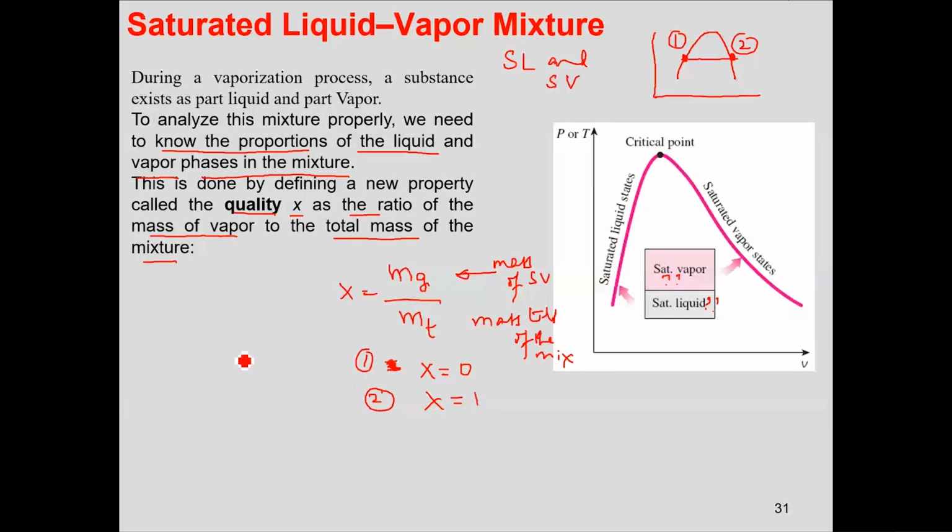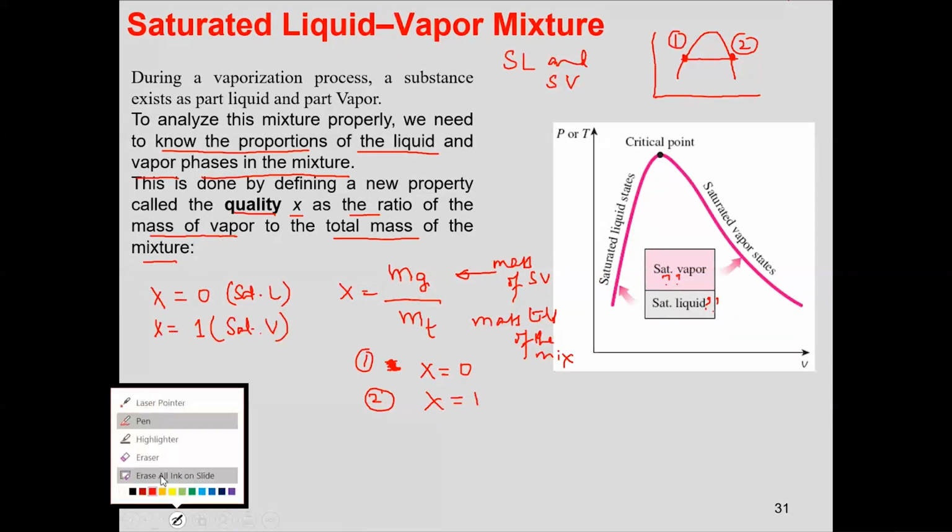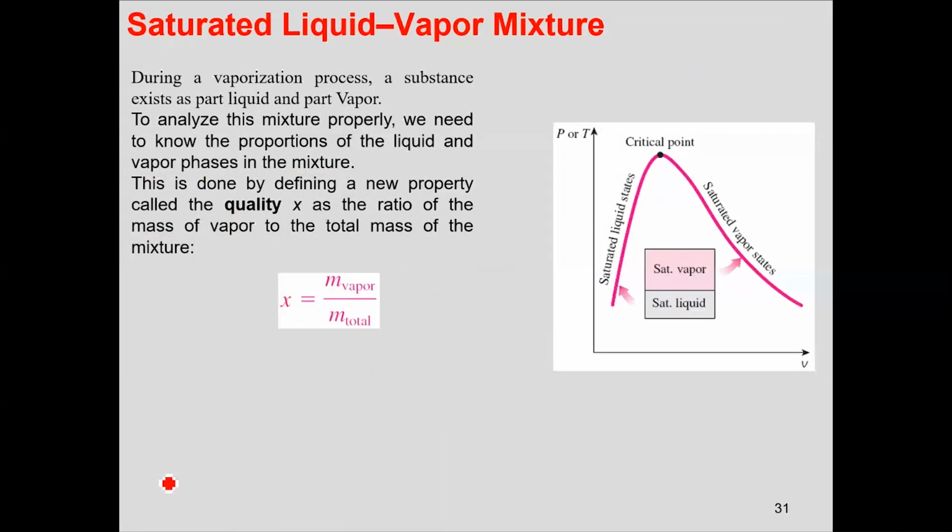So now you know that the minimum value of x, which is quality, could be 0, which represents saturated liquid, and the maximum value of x could be 1, which represents saturated vapor. All right? Yes, sir. Great.